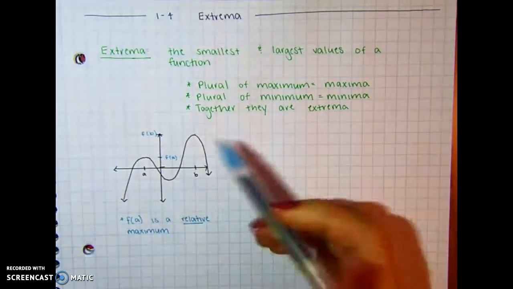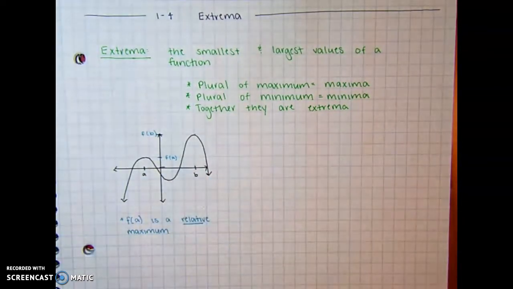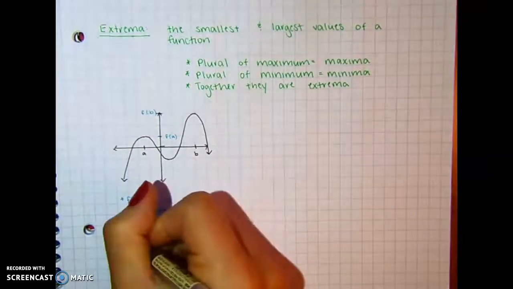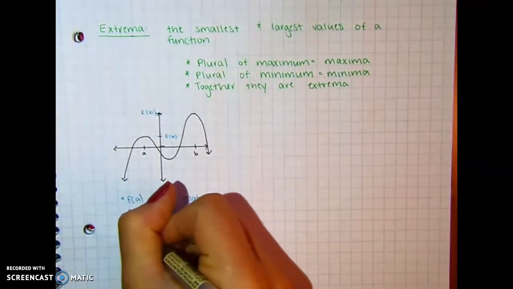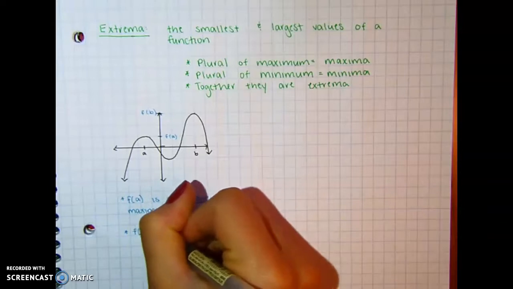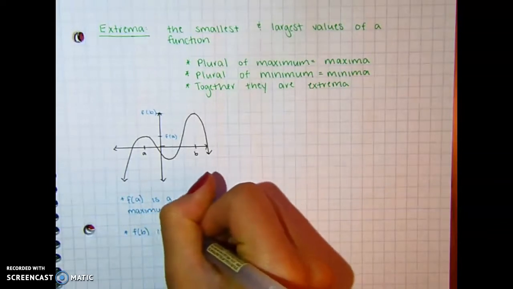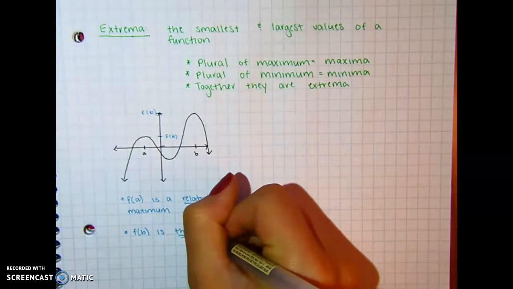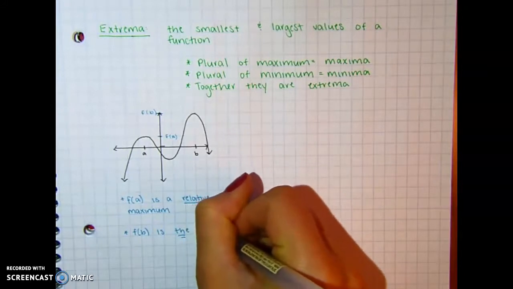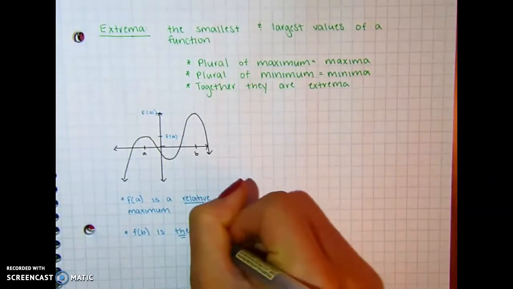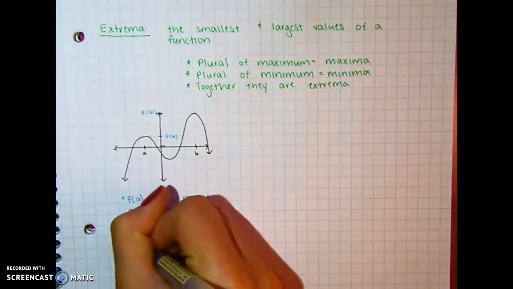Relative is important. So this is a relative maximum, whereas f of B is the absolute maximum.